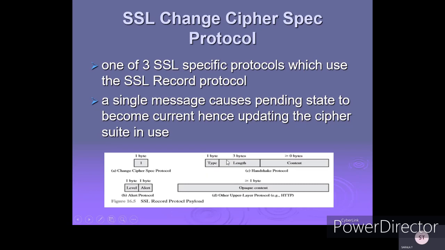For this you have 1 byte, and for the length you have 3 bytes, and content may vary with respect to the amount of fragment size we are using. Okay, and other upper layer protocols like HTTP transmission are opaque, you will be having greater than 1 byte of information.